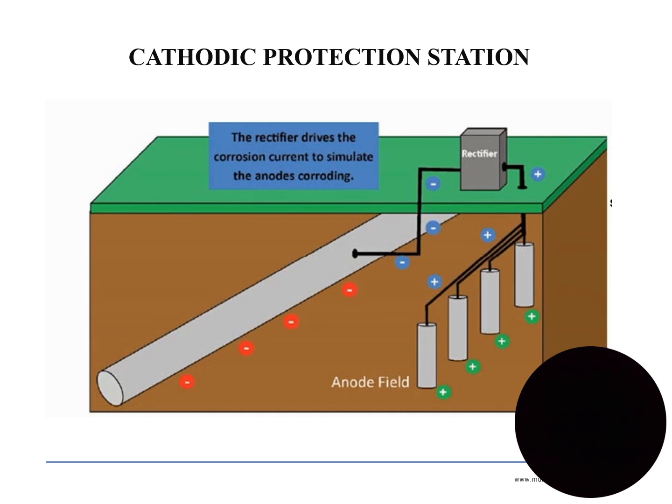As we can see, the positive end of the rectifier is connected to the anode and the negative is connected to the gas pipeline. So it will complete the circuit and the earth will act as a link between these, and the electrons will prevent corrosion on the gas pipelines.